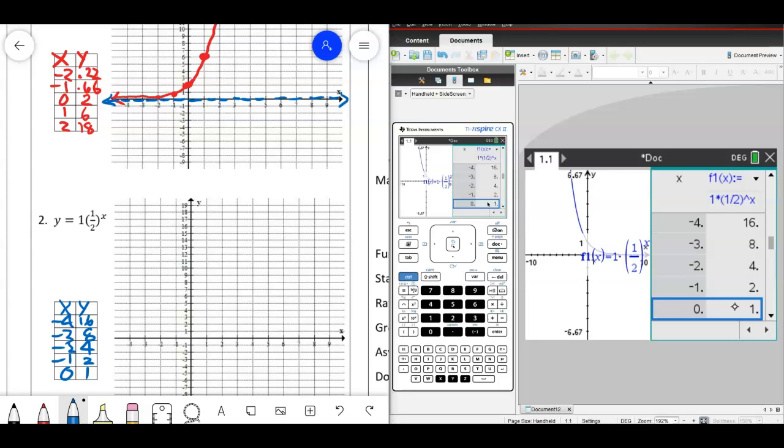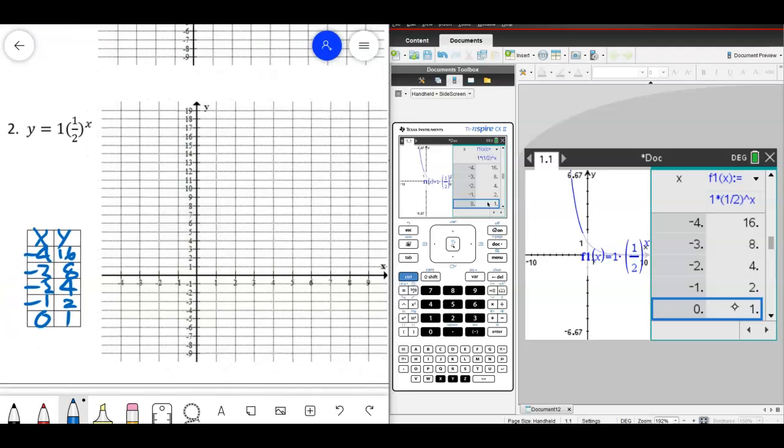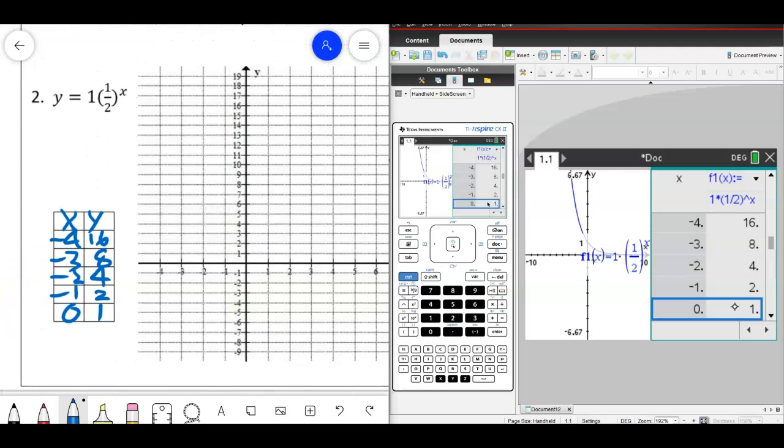Okay, so again, you can graph it, you can get a table, you can start plotting points. Let's plot these points, all right? So again, our points are -4, 16. Then we have -3, 8. -2, 4. -1, 2.